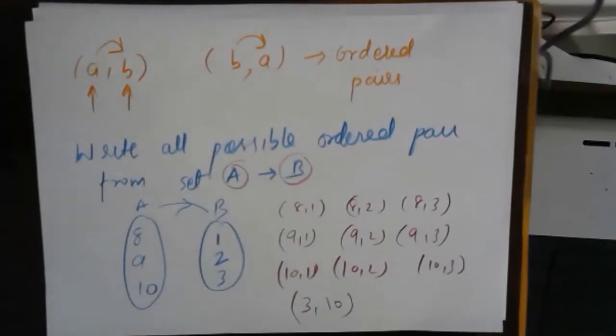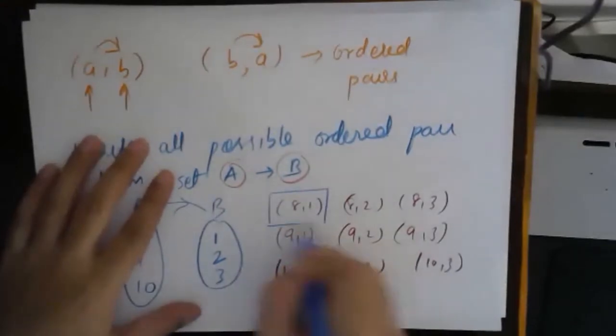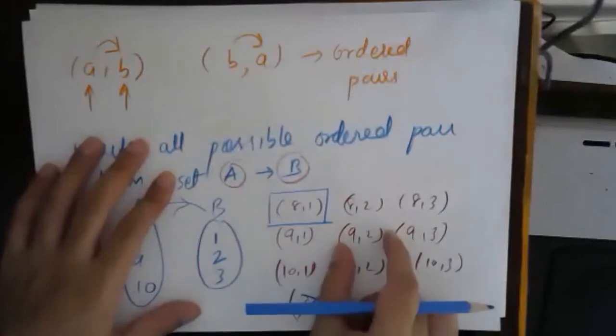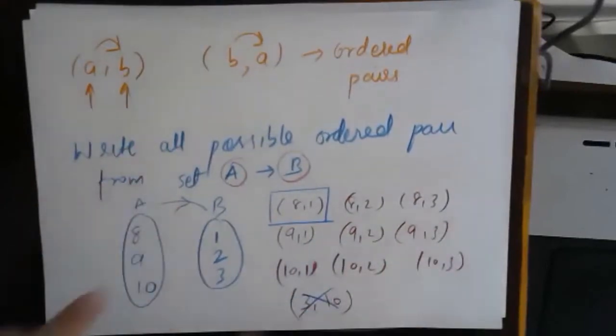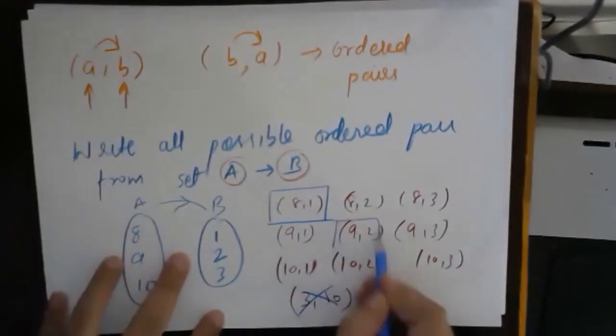So all these are individually called ordered pairs. Ordered means the ordering matters. First is 8, second is 1. In this, what is the order?